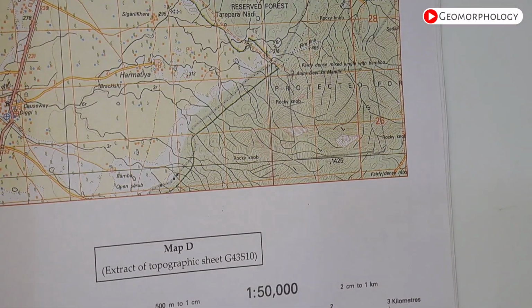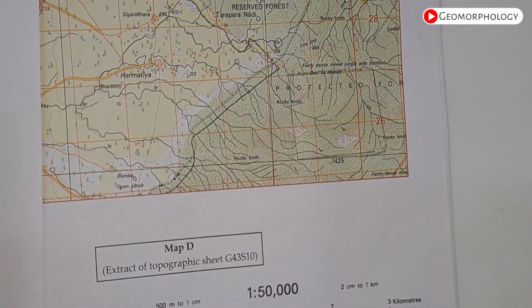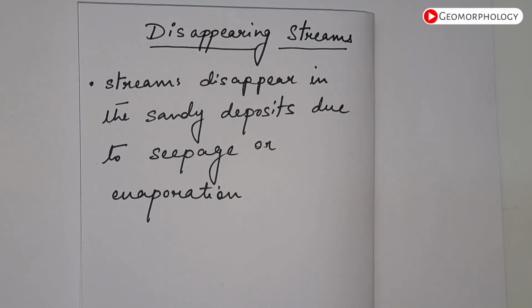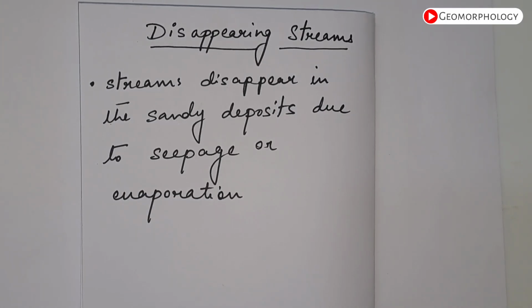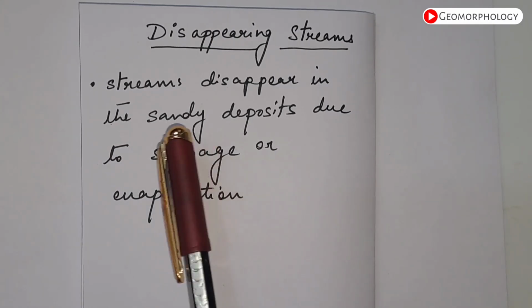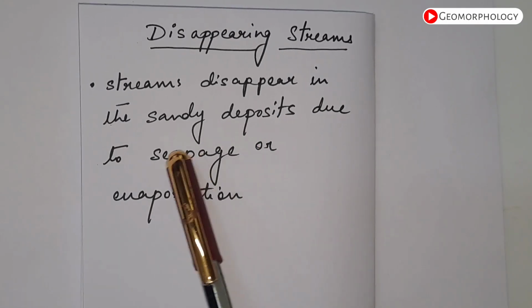But another thing which we need to know is about the disappearing streams. This is something very interesting. Sometimes we will see in the topographical sheet that the streams suddenly disappear. Now what are these disappearing streams and where do they go? They actually disappear in the sandy deposits due to seepage.